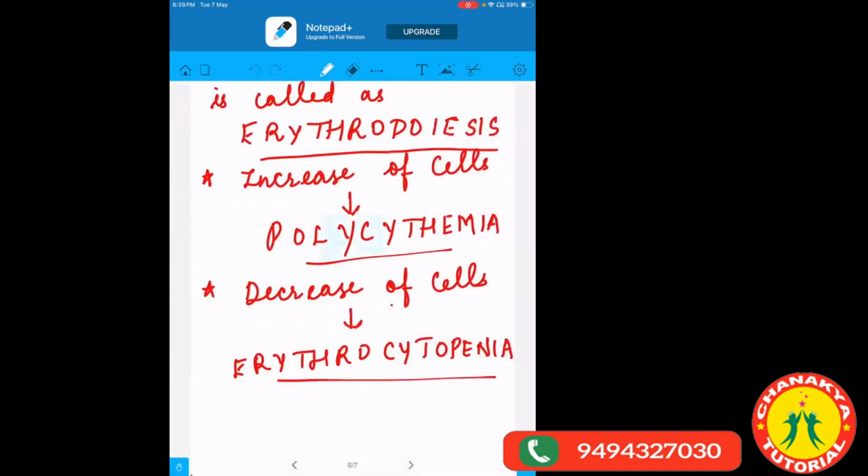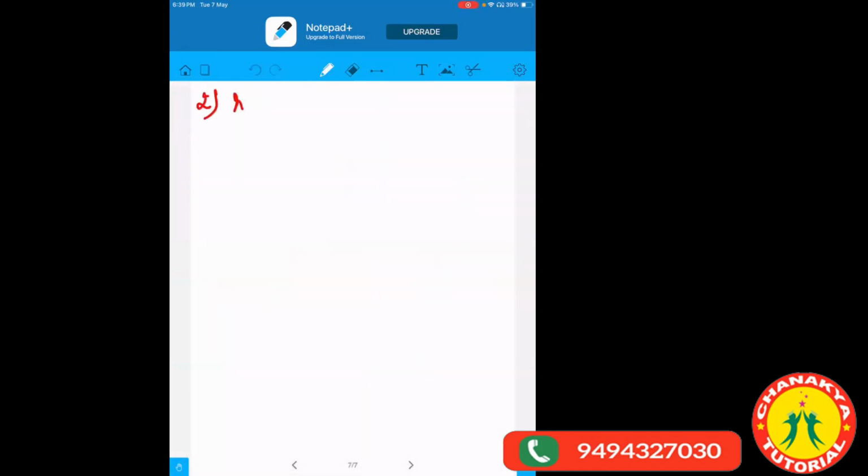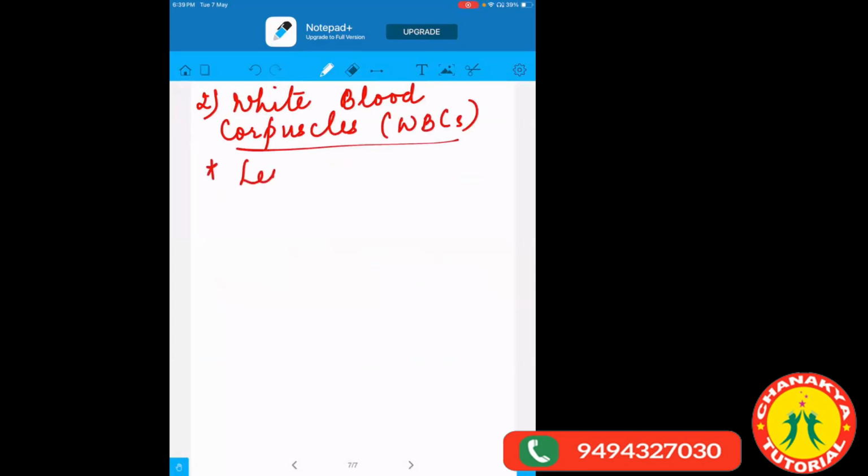Okay. Next one is now the WBC, which is the white blood corpuscles. This white blood corpuscles are also called as leukocytes. Leuko means colorless and cyte means cells.